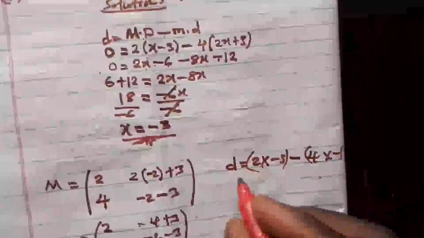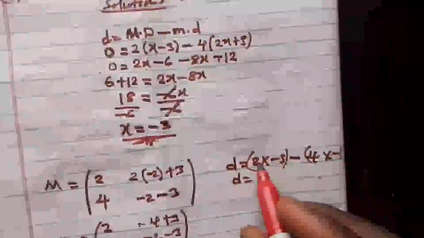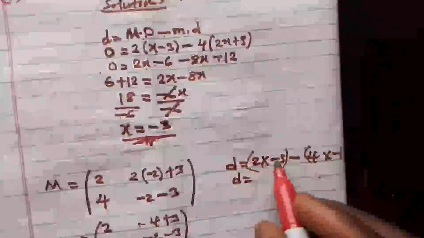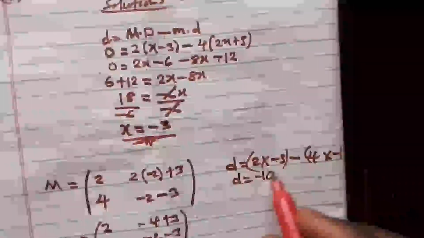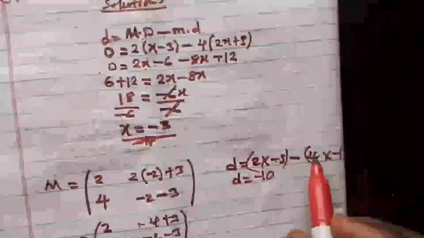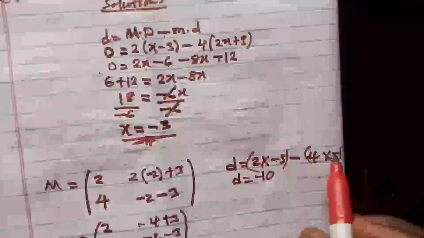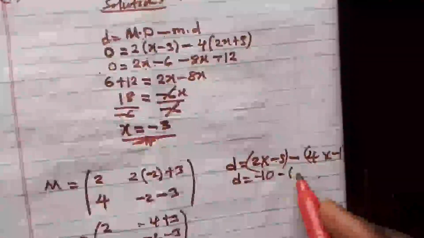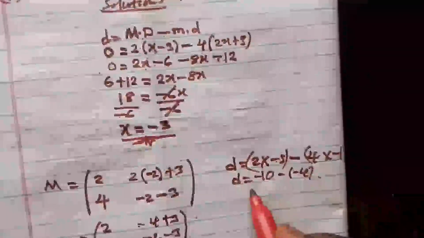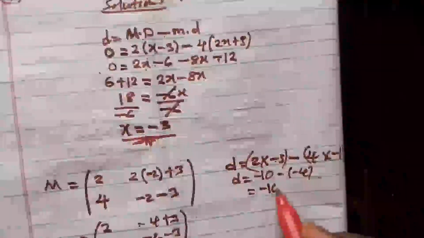So 2 multiplied by negative 5, I'm going to get negative 10. Then 4 multiplied by negative 1, I'm going to get negative 4.